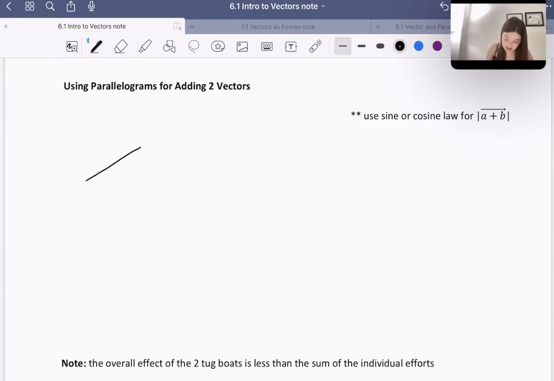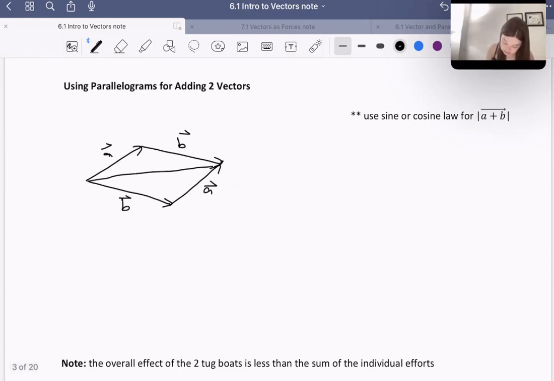Let's say I have vector A and vector B, and then here I have vector B and vector A, and we've created a parallelogram here. Well, how could I find the resultant vector? Well, let's say I didn't have enough information to find the resultant vector. I could use the sine law or the cosine law in order to find it.